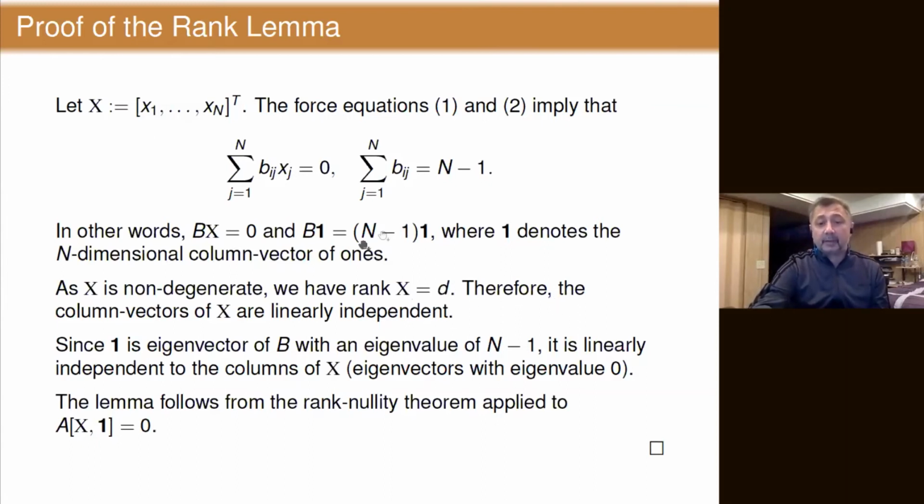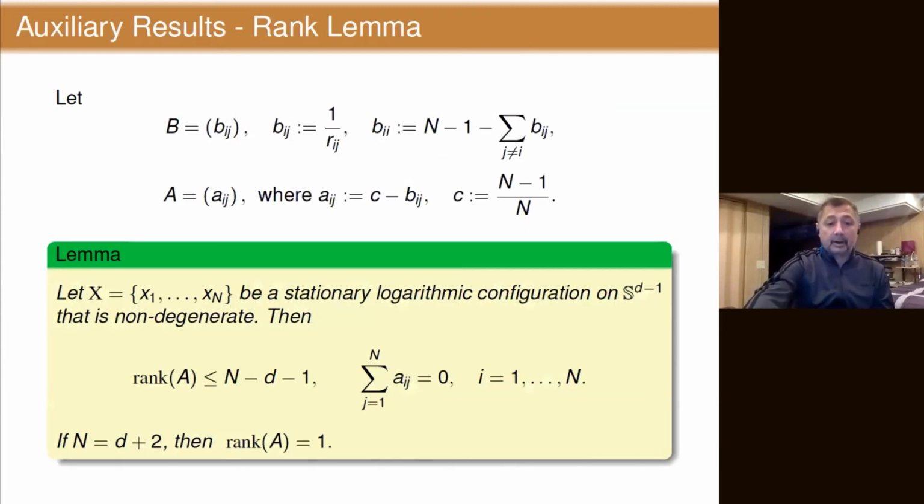So we end up with d + 1 linearly independent eigenvectors. That tells us, by the rank-nullity theorem, that the kernel of A contains X and 1. So therefore, the rank of A is n − d − 1.